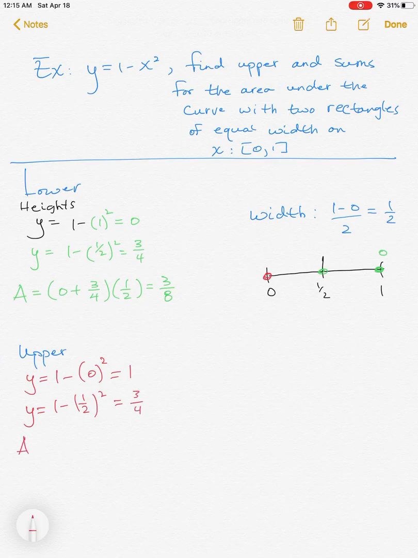The area, take the sum of your heights times the width, and that will give you 7/8. Same answers that we got from the previous example. Alright, hope this helps.